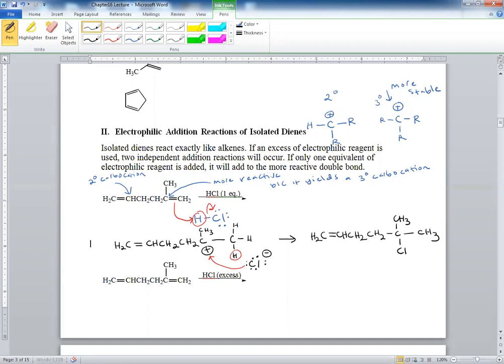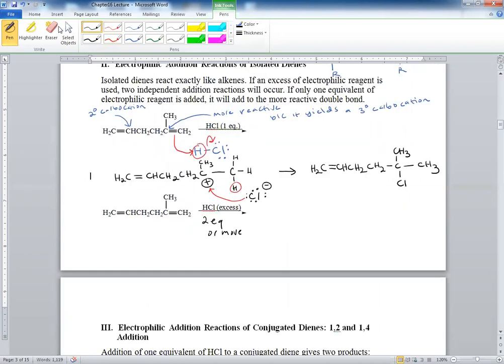Now, what if you have excess, meaning more than one? So you can have two equivalents or more. Then you would substitute both double bonds.